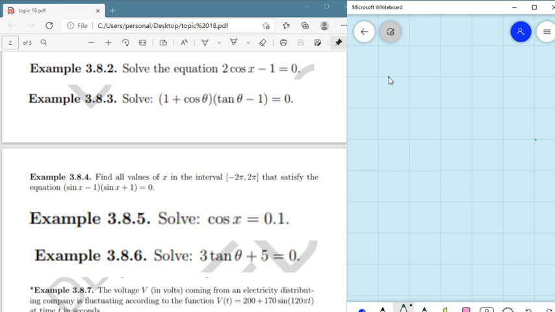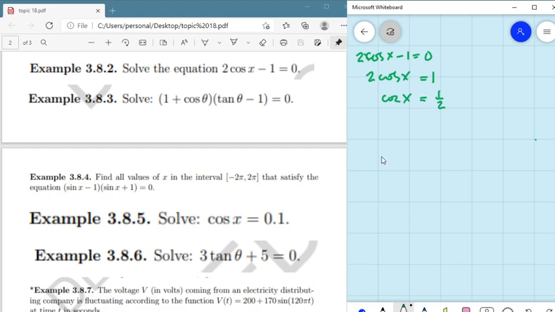In order to do this, we have to solve for the value of x. To find x, we need to eliminate first the negative 1 by adding positive 1 to both sides. That's why we can now have 2 cosine x equals 1. Dividing both sides by 2, we now have cosine x equals 1/2.